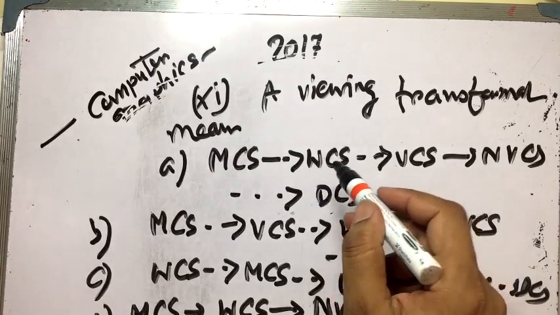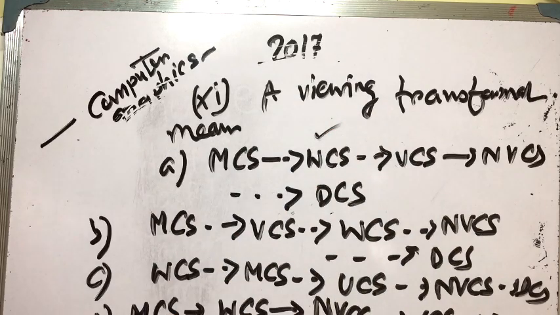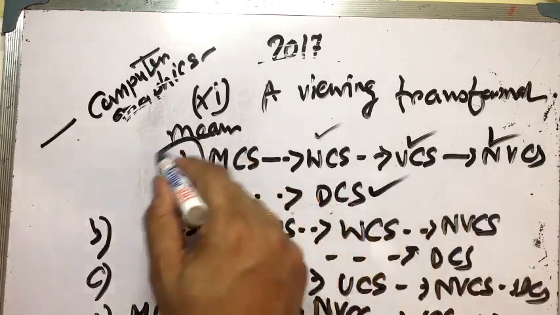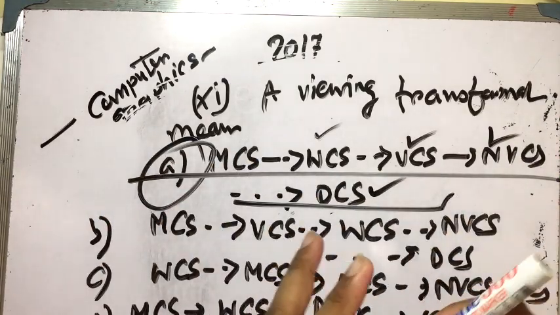First is the modeling coordinate system, then the world coordinate system, then VCS, meaning the viewport coordinate system, then NVCS, meaning the normalized viewport coordinate system. Then it has to be put onto the device coordinate system. This is the right option.